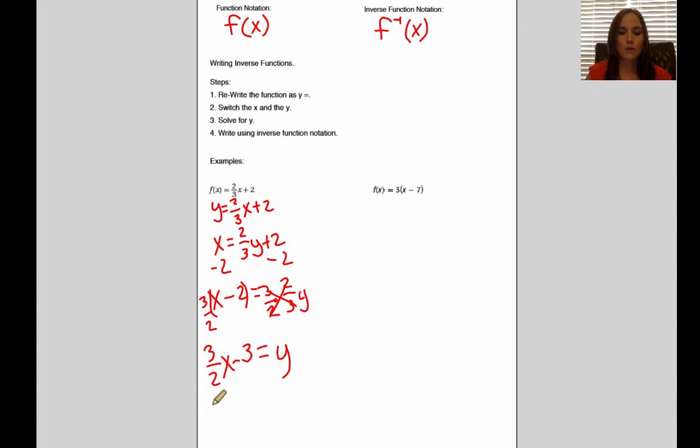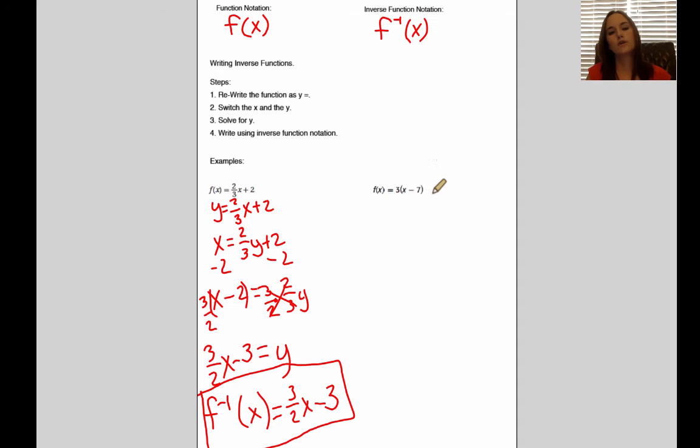So I'm going to say the y is now f inverse of x equals this information, 3/2x minus 3. And there you have it. We just wrote the inverse of the given function.